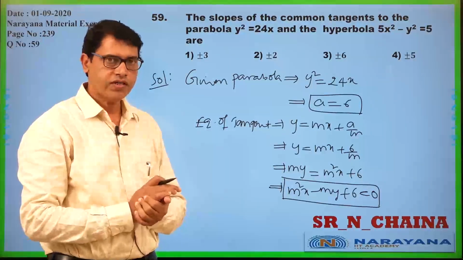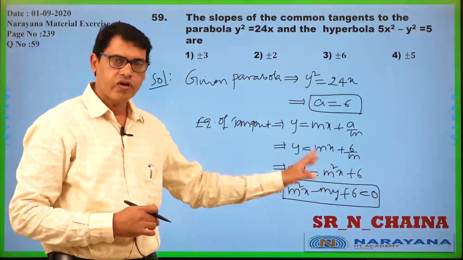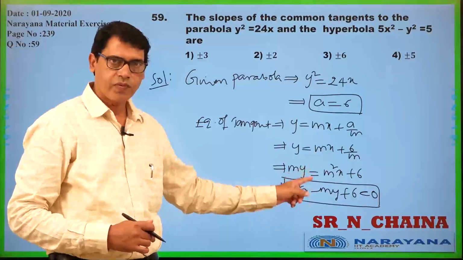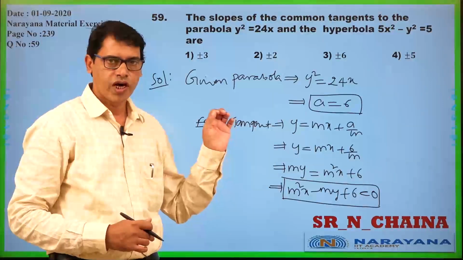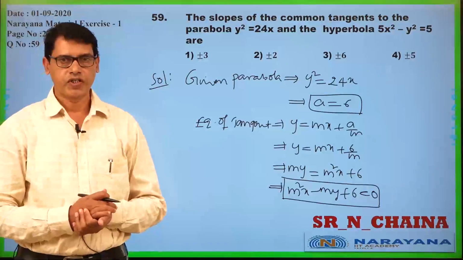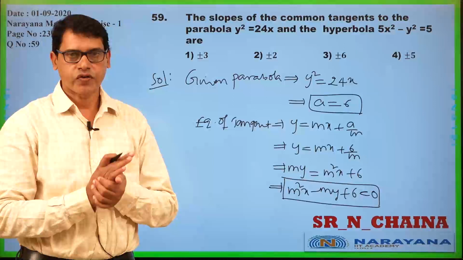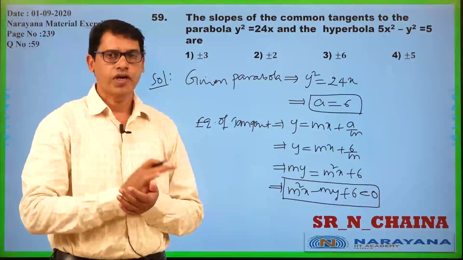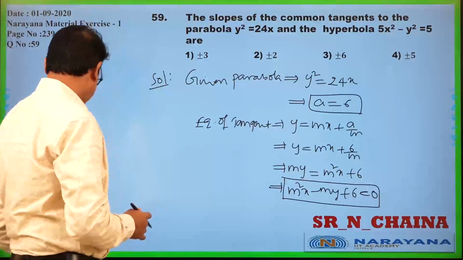If Lx plus my plus n equals 0 is a tangent to the hyperbola x square upon a square minus y square upon b square, then the condition is: a square L square minus b square m square equals n square. Okay? Now, go to the next page.